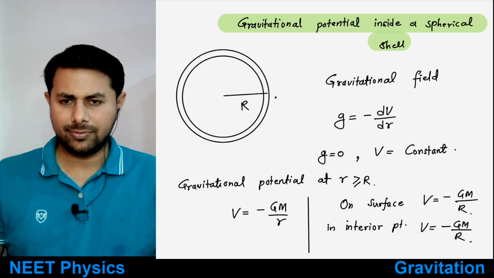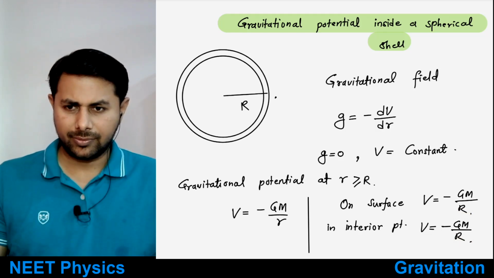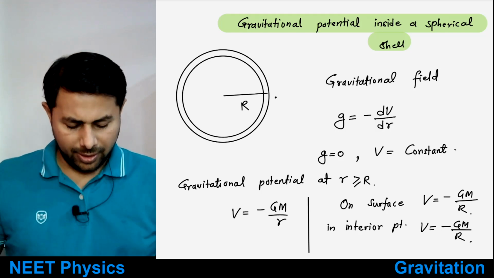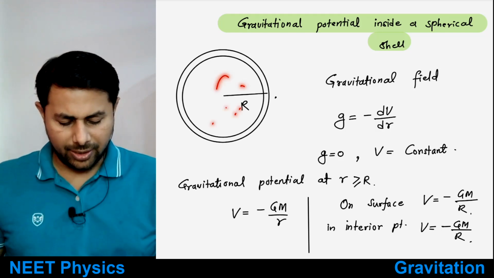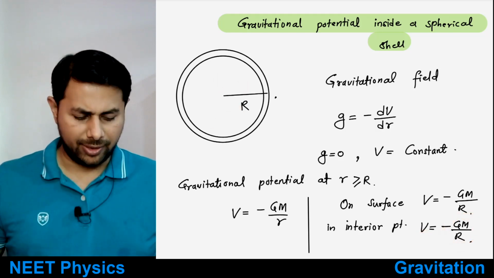Yes, no? Right, everyone? Okay, very good. So if you have a spherical shell, then the potential for any interior point would be minus of Gm over R, R being the radius of the shell.